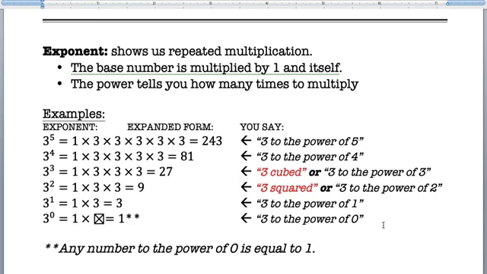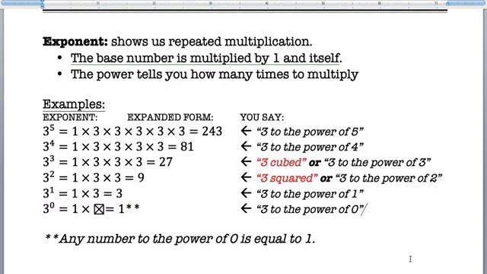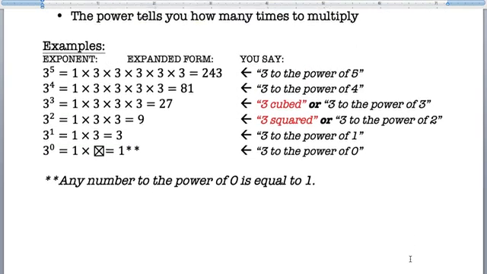Okay, it's kind of counterintuitive. It doesn't kind of make sense in your brain when you think about it really quickly. But when you look at this table here, you'll notice that 1 is the value that's being left over, because there's literally no 3's that it multiplies by, so it stays put. Okay?